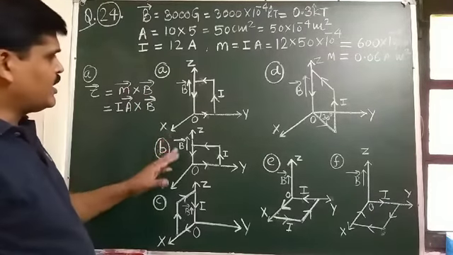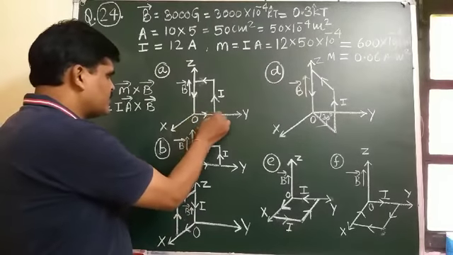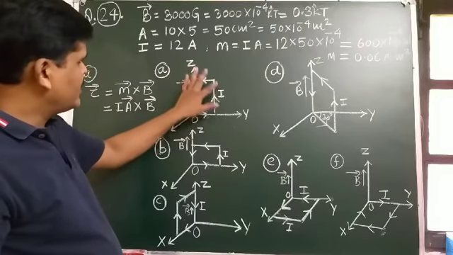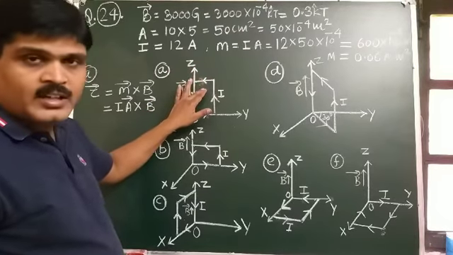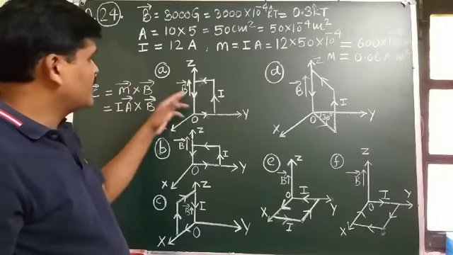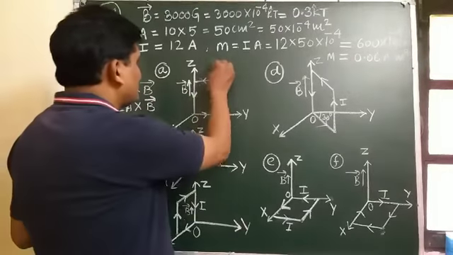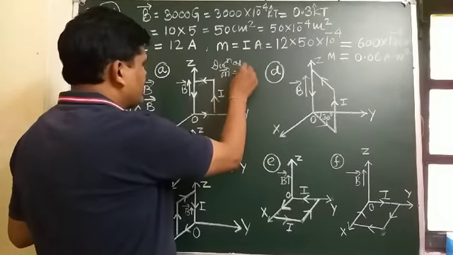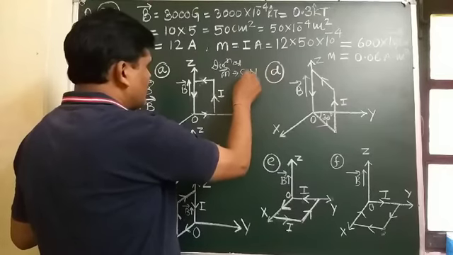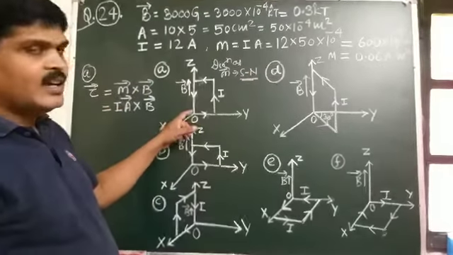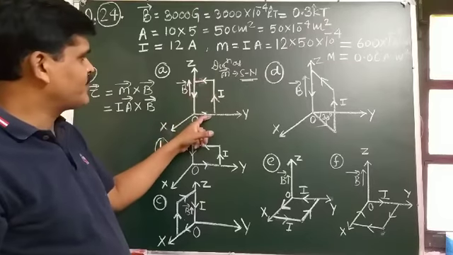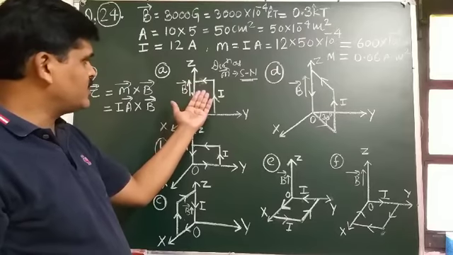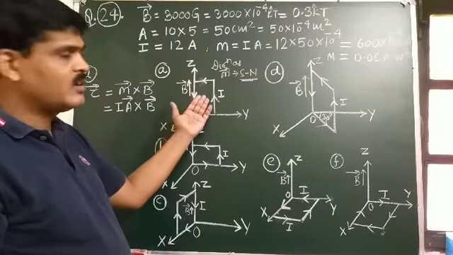And students, you see that the direction of current in the rectangular loop is anti-clockwise. Already I have explained to you that the direction of magnetic moment is from south to north. Here the direction is anti-clockwise, which means the face of this rectangular loop towards you is north.